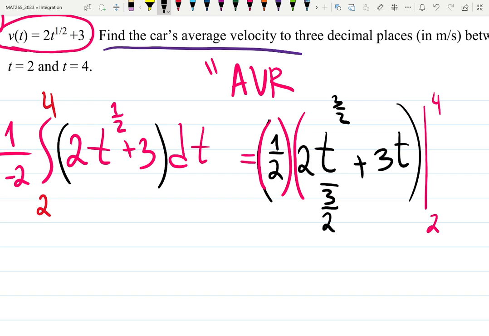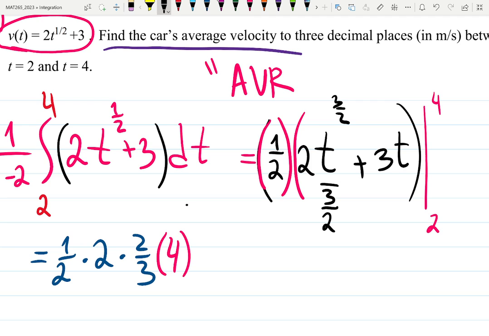So it's going to be, and again, you can choose to distribute this 1/2 or factor it out. And this time, let me distribute to have a different calculation example. 1/2 times 2 times 2/3. T becomes 4. Don't forget the power, 3/2. That was the first. Plus 3 times t. Plug 4 into that.